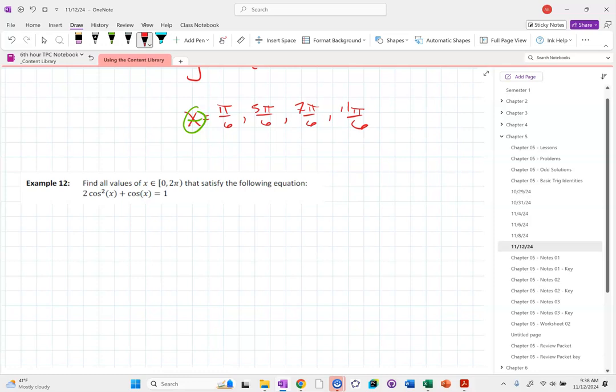Maybe, but not for here. So when I look at this, I see something squared, something to the first, and then a constant. It's almost like if I say y is cosine x, this would be like 2y squared plus y equals 1.